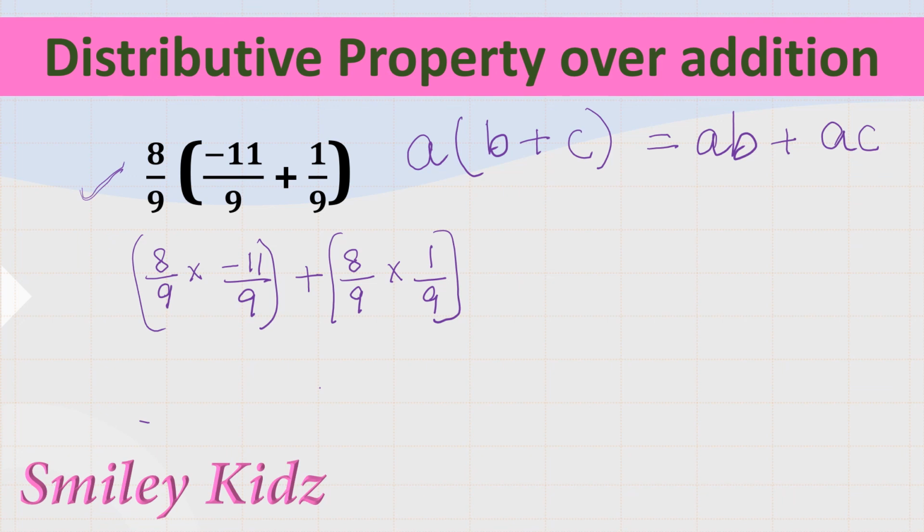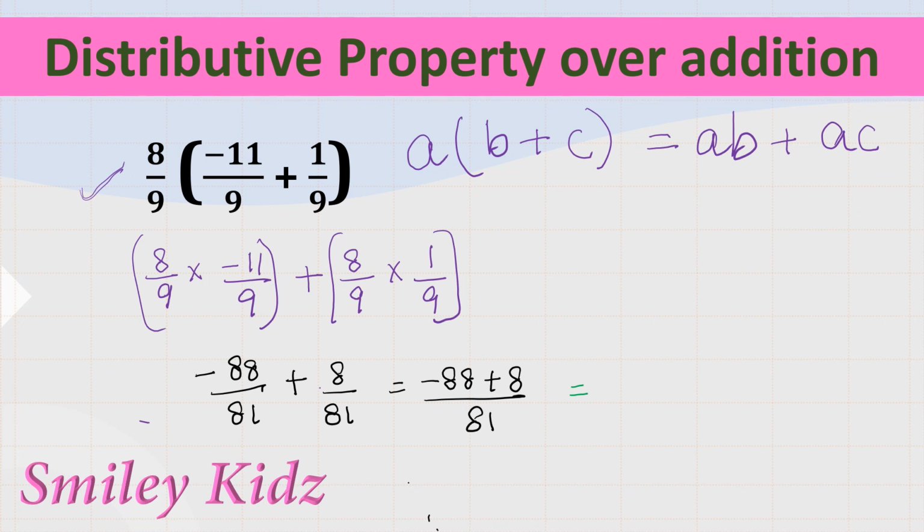So first we'll be solving what is in brackets, which is equal to minus 88/81 plus 8/81, which is equal to (minus 88 plus 8)/81.